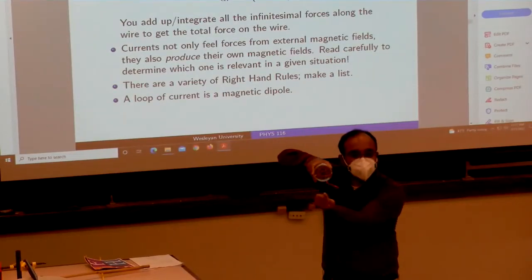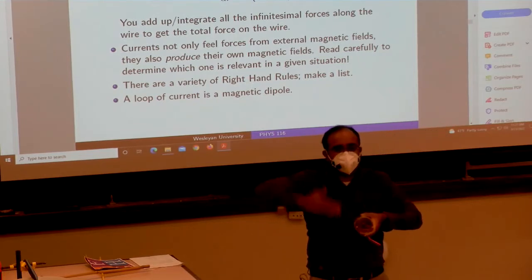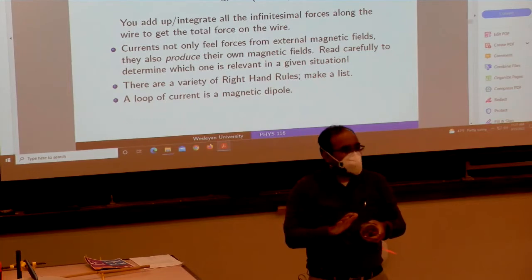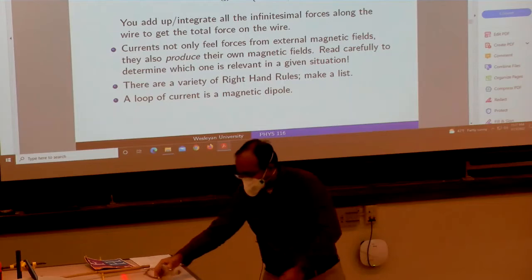Is the current heading towards me or is the current heading away from me? So the circles at the end represent the cross section of the wire. Everyone got the mental picture? Okay.